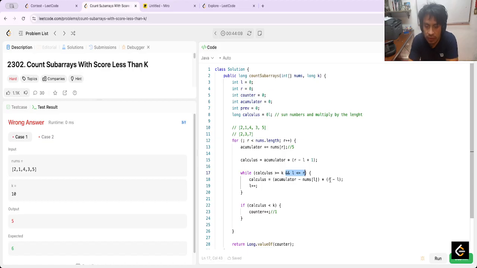Oh. Accumulator plus equal nums R. Calculus accumulator multiplied by this.